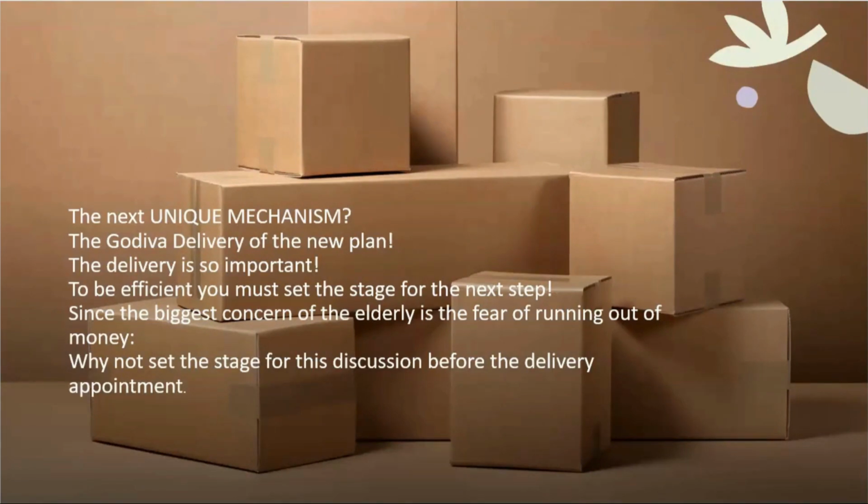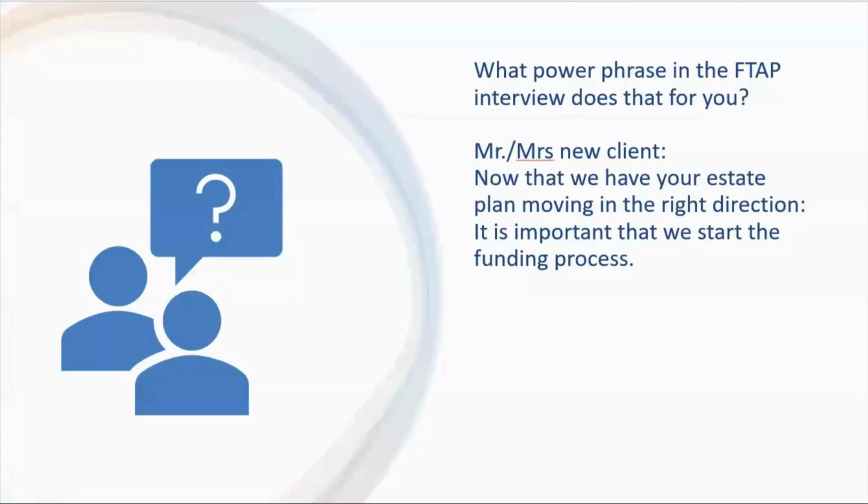Now think about that. And I've tried to show you in the script. But what power phrase in the family tree asset positioning go-to first interview does that for you? It's one of the power phrases. Mr. and Mrs. New Client, now that we have your estate plan moving in the right direction, it's important that we start the funding process.